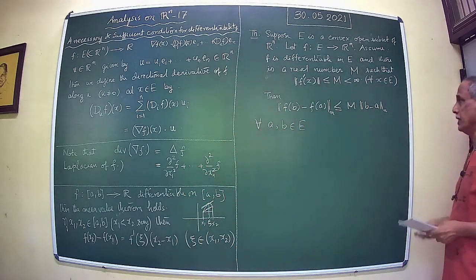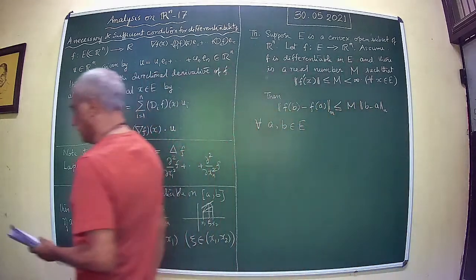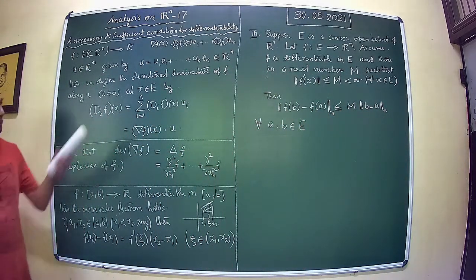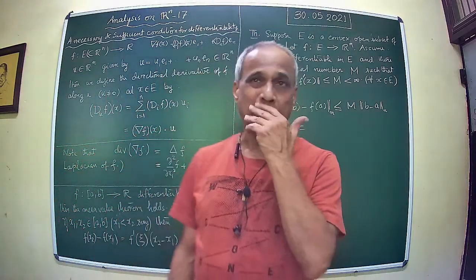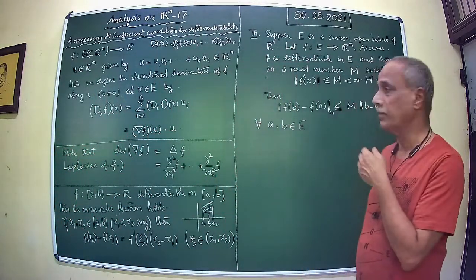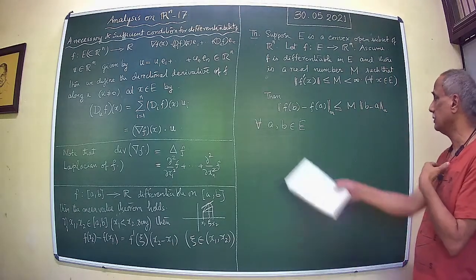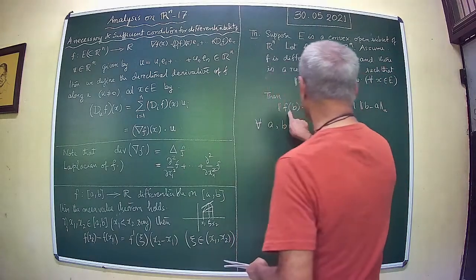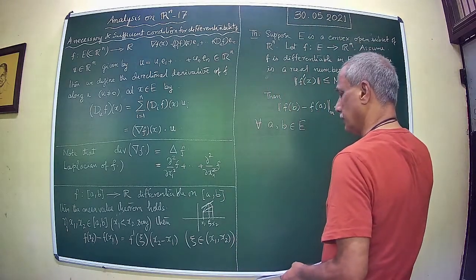Okay, so we are assuming the derivative exists, obviously; by our assumption it's a differentiable function that we are taking up, and we assume that the derivative is bounded by M. Then this relation is valid: norm of f(b) minus f(a) is less than or equal to M times (b minus a).